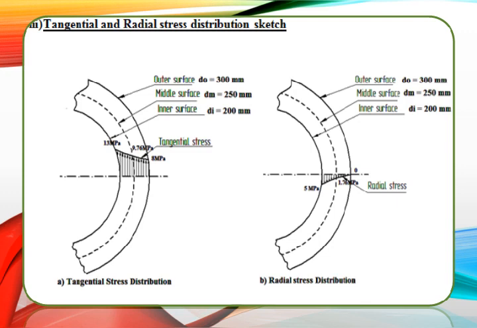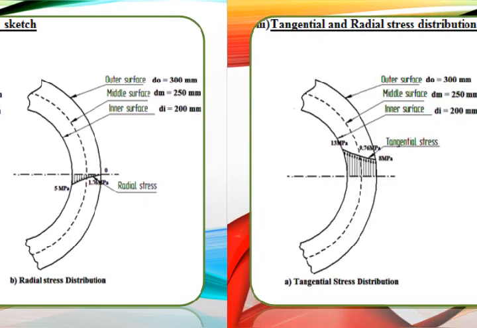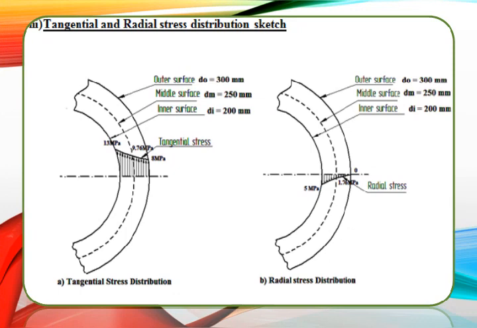So in this sketch I showed the tangential stress distribution and radial stress distribution separately, considering the values of tangential stress at the inner, middle and outer surfaces.